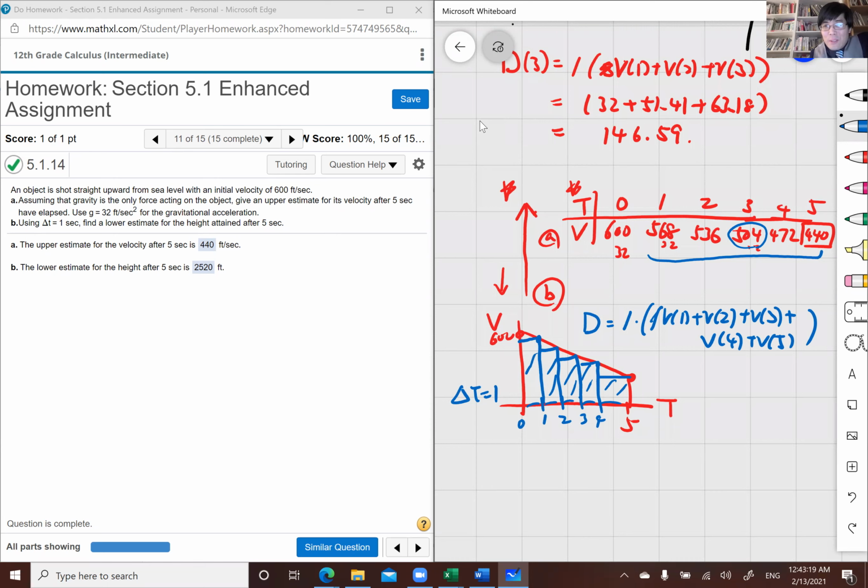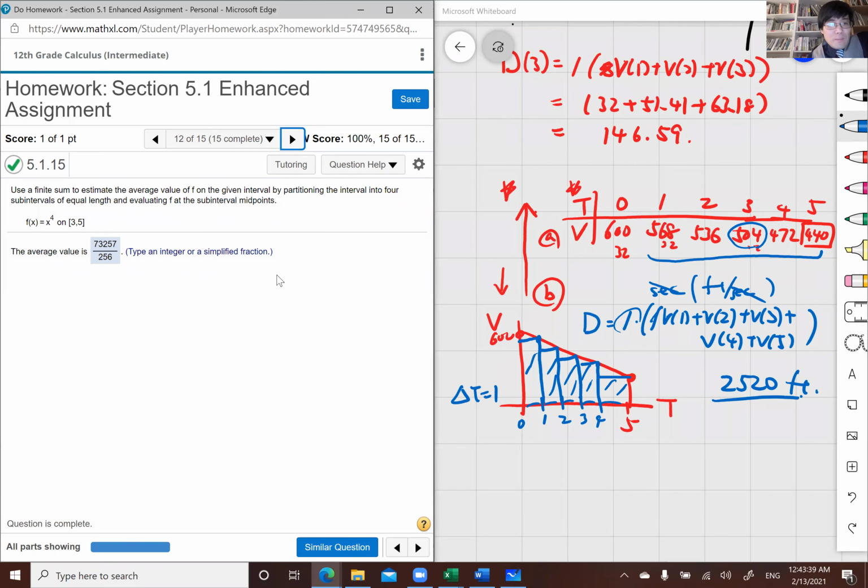So it's going to be 2520. The unit is feet per second for the velocity, and this length is in seconds, so multiplying together you get feet as the unit. This looks like a very ugly number. I don't want to do it by hand basically.